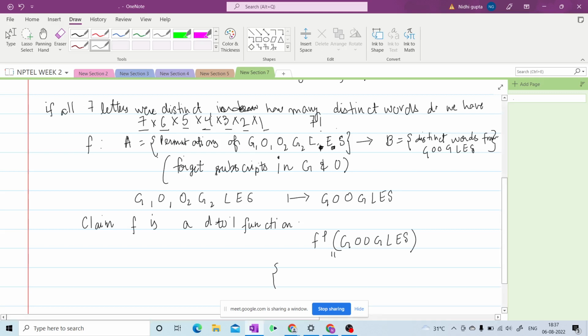If we are in this function, we are forgetting these subscripts. So basically, how many choices do we have for the 7 places?